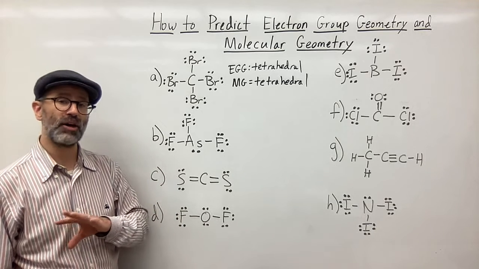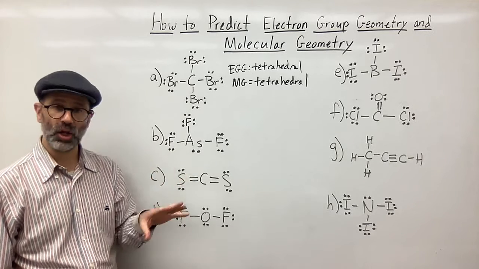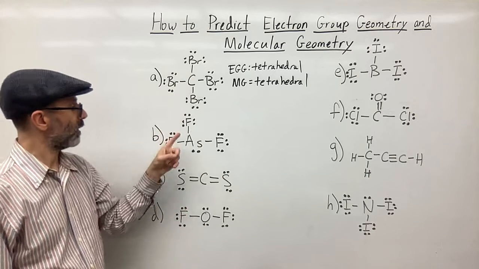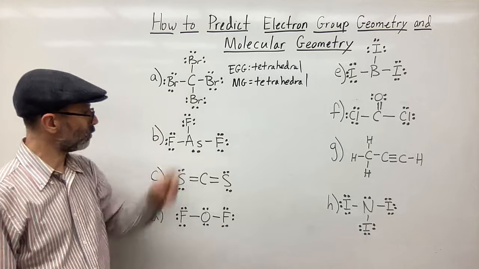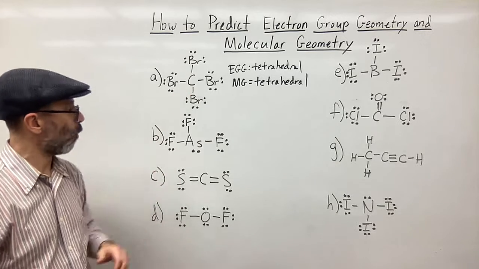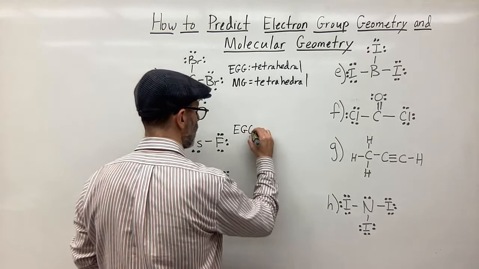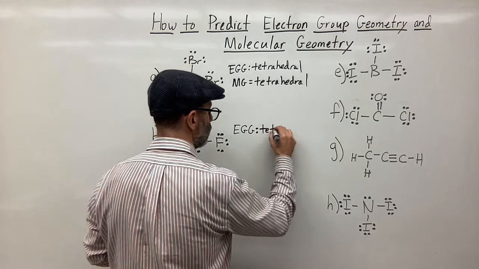It doesn't matter if you've got 3 bonding groups and 1 lone pair or 4 bonding groups. So here we have 4, but here we have 3 bonding groups and 1 lone pair. Here we have 4 bonding groups. Both of these have 4, so the electron group geometry is the same. So this is also going to be tetrahedral.